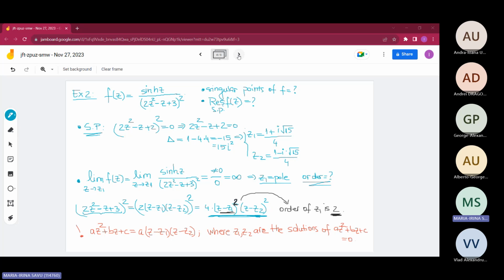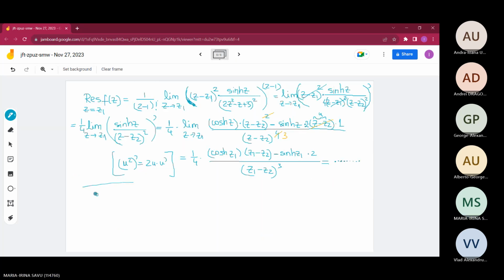So similarly, z2 will be a pole of order 2, and you will have a notation similar to this one, and this could be your homework. Okay, try to find the residue of this function at this point at home, individually.